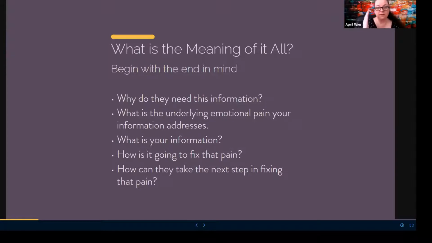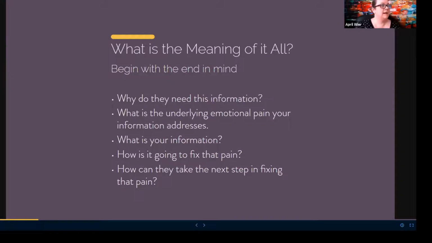So when you decide what you want to talk about, let's just say you're a graphic designer and you want to talk to people about the importance of branding. You don't want to just go and talk about the history of branding and color theory and those kinds of things, because people don't care. They need to know why branding is important to them at this moment in time. What's the pain that's underlying, right?